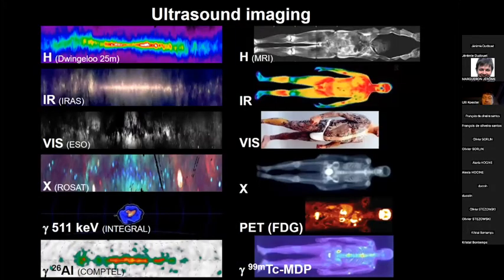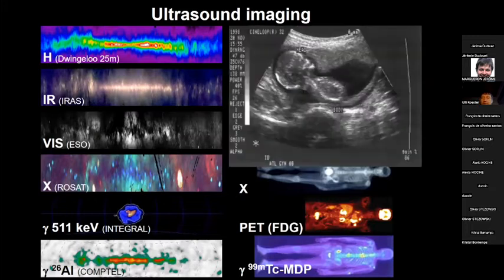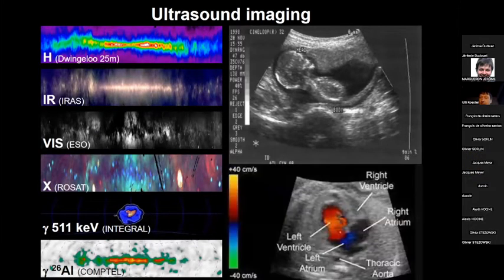And then we have other techniques which don't have a direct equivalence. Obviously, in medicine, ultrasound imaging is used, which is a very common, easy, low-cost method. You can even use Doppler to see relative movements, which in astronomy we do rather with optical spectroscopy by the shift of the emission lines. And it's clear why this is not being used as in astronomy.